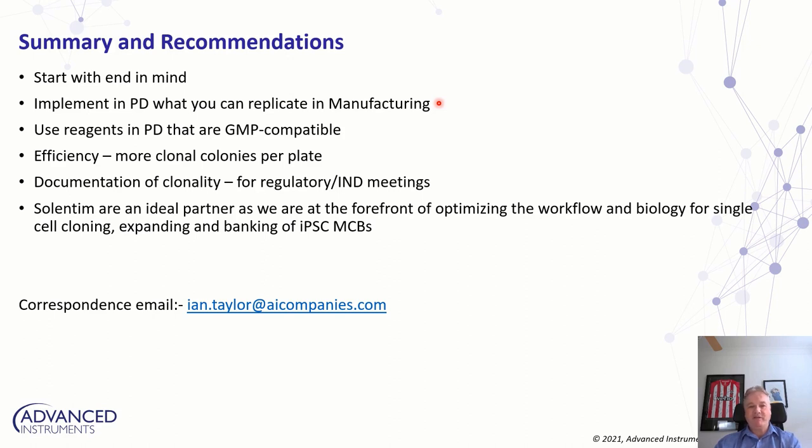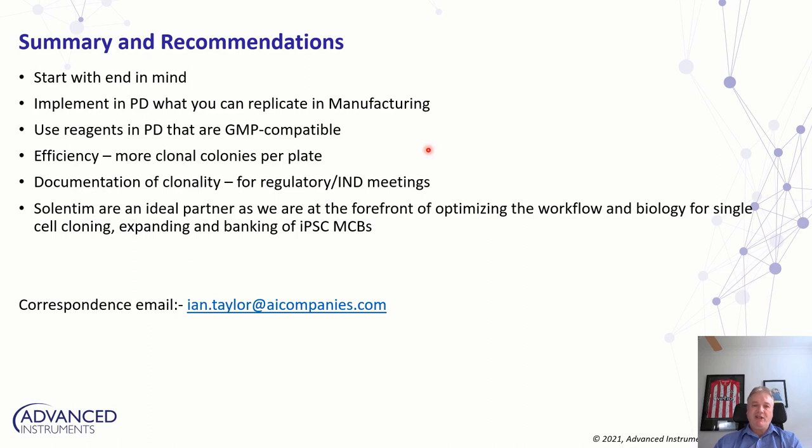And that's both in terms of instrumentation, matrix, but also combinations of reagents like Camilla spoke about. You can start testing and working with reagents that you know are GMP compatible.